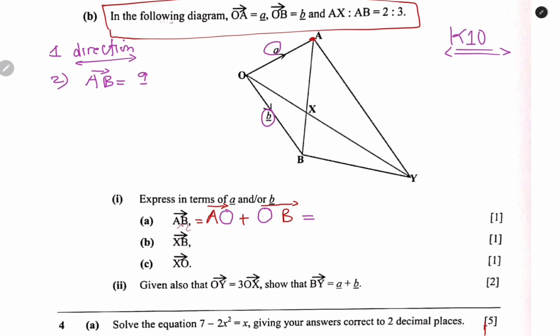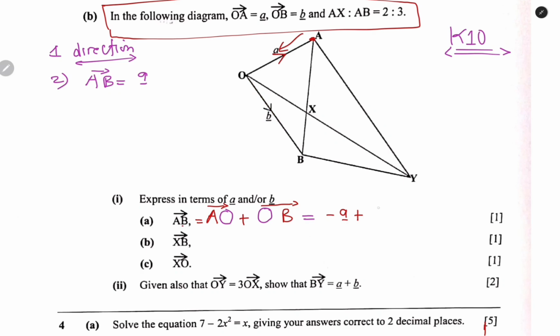So now here what you have, AO, look at this. The direction is going this side. And now you are going in the opposite. So this one is going to be negative. So you're going to have negative A, then plus OB, you're going in the same direction. Look at the way the direction is going.